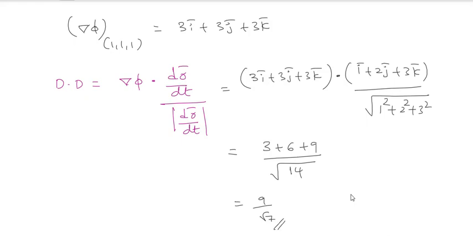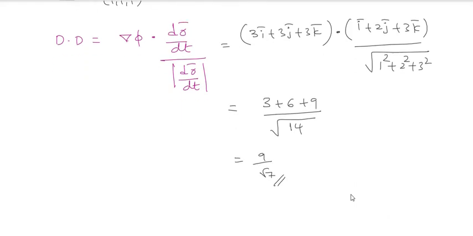Clear now? Yes or no? So that is how I have to calculate it. Or 18 by root 14 also you can write. If you simplify, you will have 18 divided by root 14. That is also 2 into 4 into 7. Otherwise you don't get confused; you just keep the same answer.